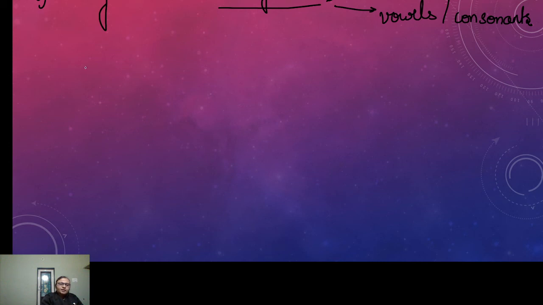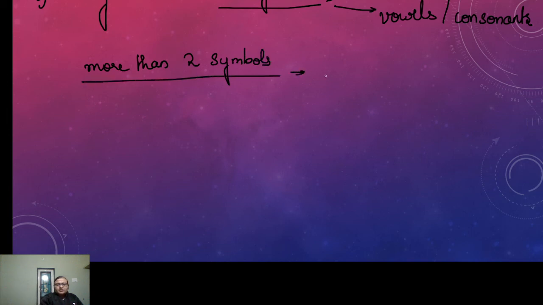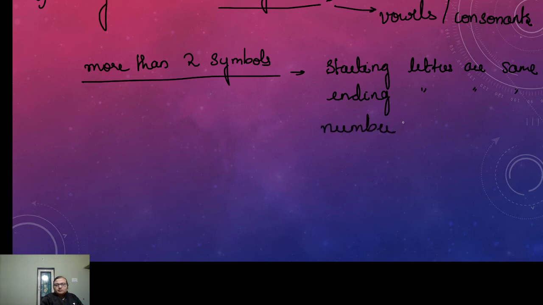And when there are more than 2 symbols, it can be when all the letters in the statement, starting letters are same, when the starting letters are same, ending letters are same, number of vowels, number of consonants.